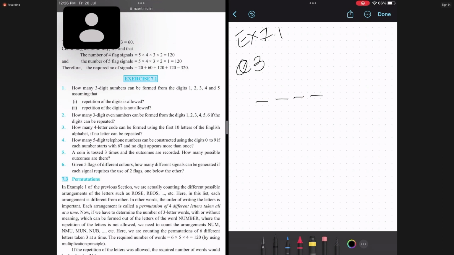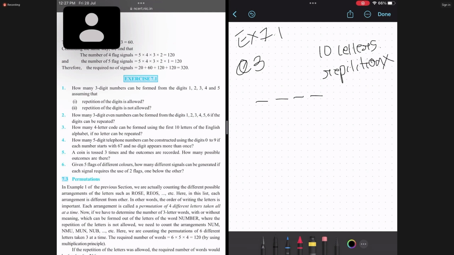This will help you to visualize the solution better and arrive at the solution faster, because once you have filled up one place in the answer, you'll be able to think along other lines. So we can use the first 10 letters of the alphabet, and repetition is not allowed.